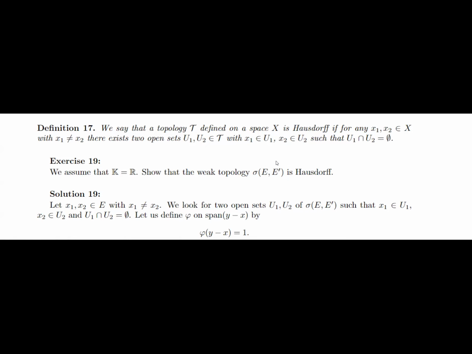I want phi to be linear, so I have no choice. So I define a linear function on the span of y minus x, and to do that, it is sufficient to take phi of y minus x equal to 1.